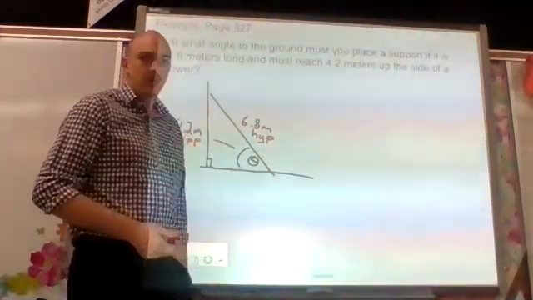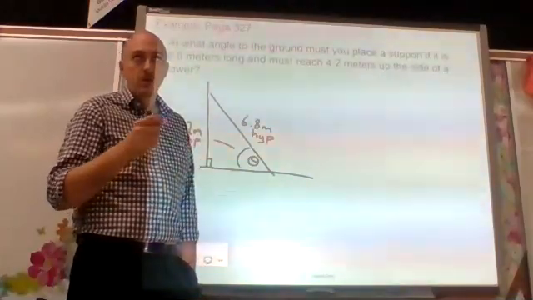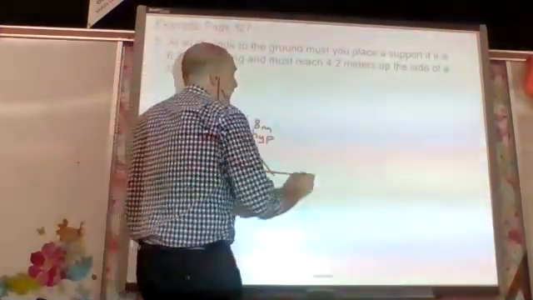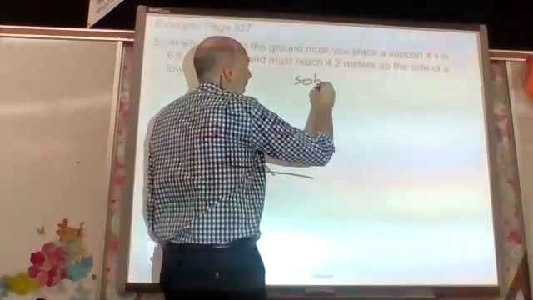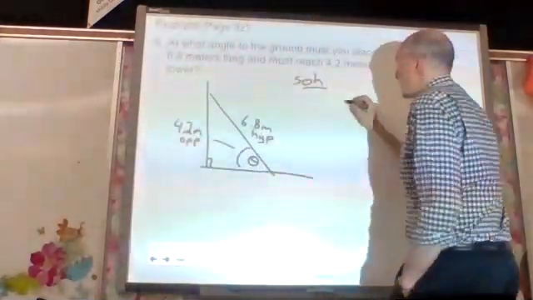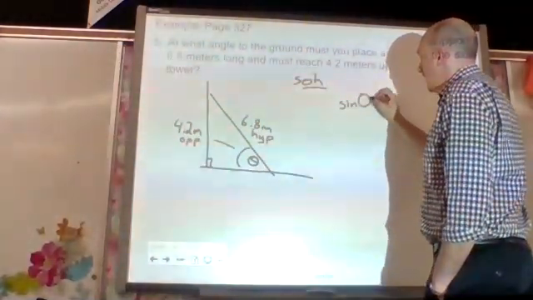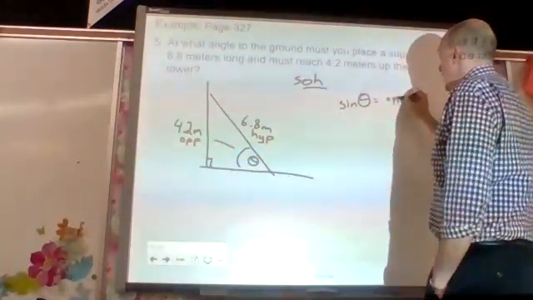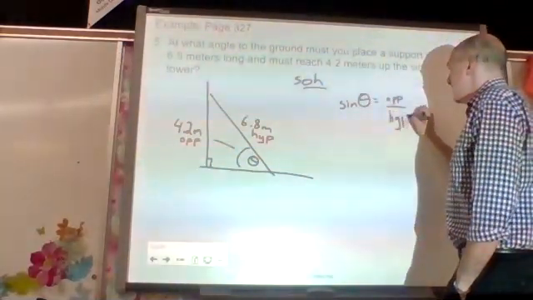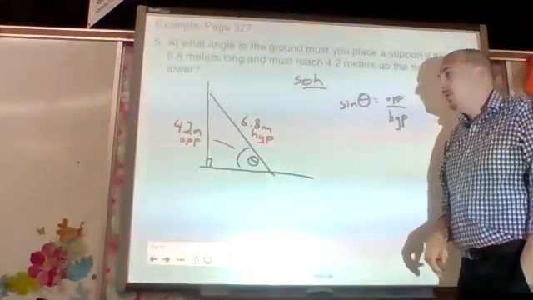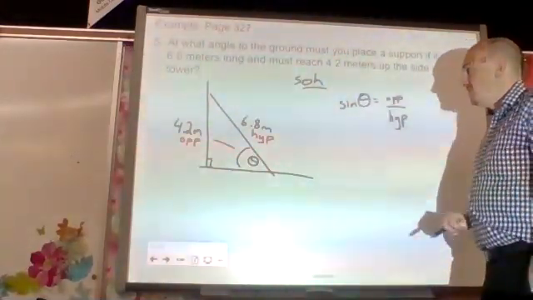Which trig function do I use? Opposite and hypotenuse, so sine of my angle equals opposite over hypotenuse. Always the first step, write down that trig ratio. Then put the numbers in that you know.